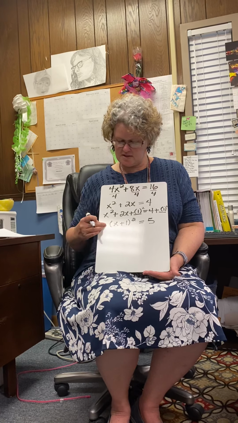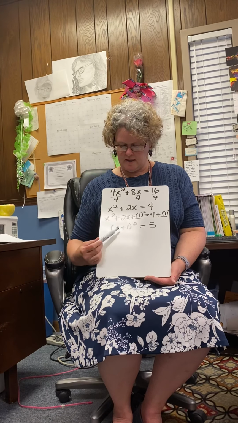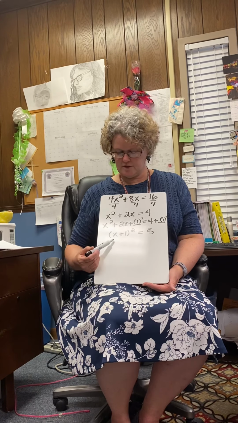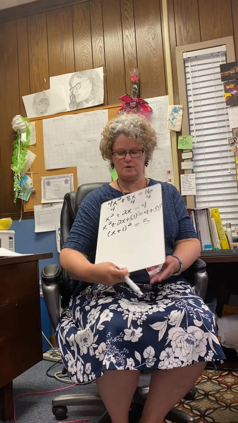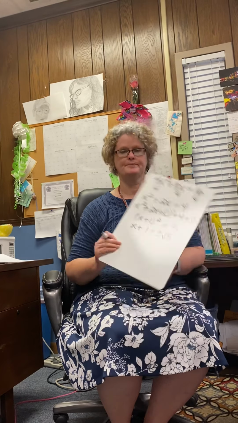So now I can continue using the square root property, which once again says, if I have a term squared equal to a constant, then the term is equal to the positive or the negative of the square root of that constant. So if x plus 1 squared equals 5, x plus 1 will be the positive or the negative of the square root of 5.